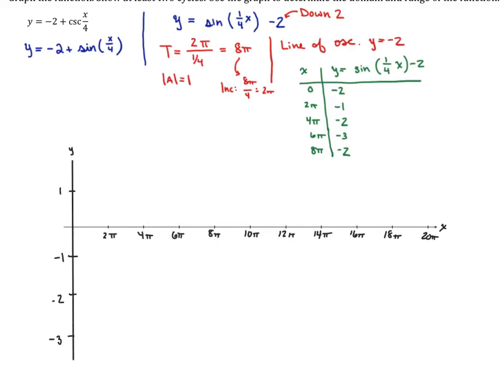So now that we have our y-axis marked off, let's go ahead and find our line of oscillation for our sine function. And then we can now graph our sine function. We start off at 0, we go up our amplitude and back and forth.